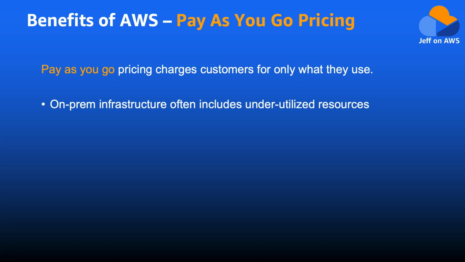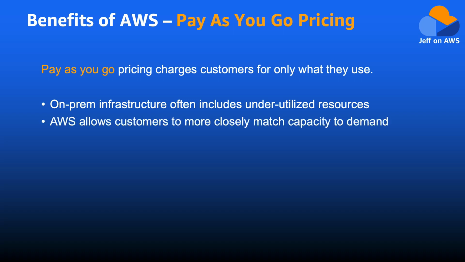And if you look at the typical on-prem infrastructure, I promise you, because I've been there, I've done that, you have a lot of underutilized resources just waiting for that business event that's going to cause them to be needed, because no one wants to risk their career by underbuying and not being prepared for a big demand on resources.